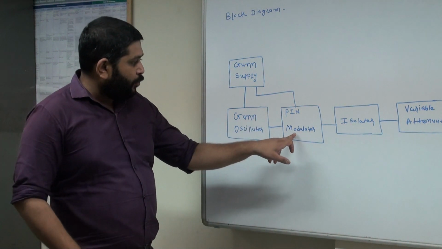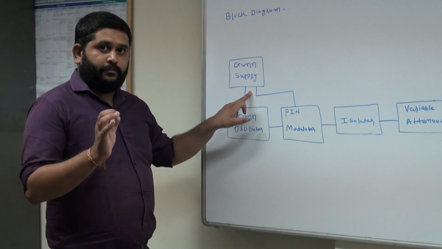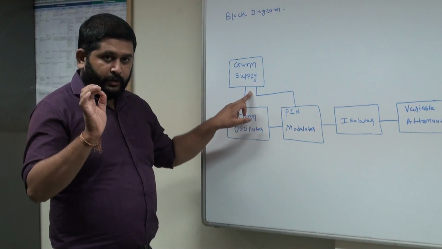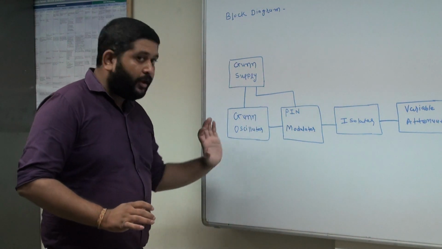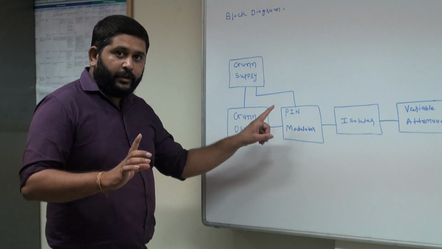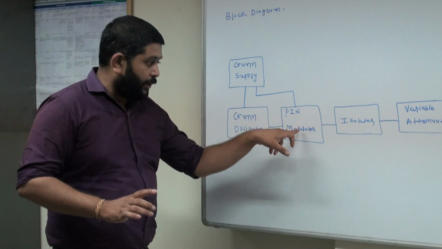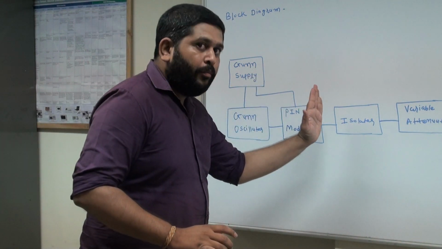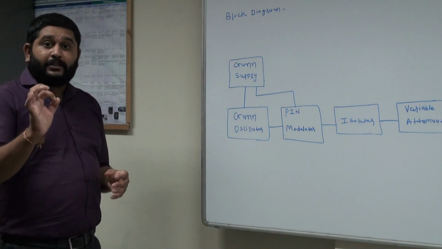And the second block is the pin modulator. The input of the pin modulator is a square wave, and that square wave has a 1 kHz frequency. The inputs of the pin modulator are the continuous wave generated from the gunn power supply and a 1 kHz square wave as a carrier signal, and it produces the modulated output, which is in the range of X band.